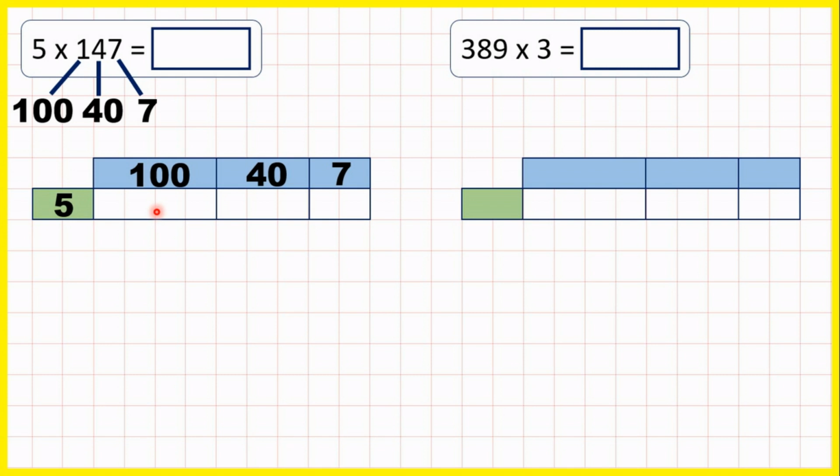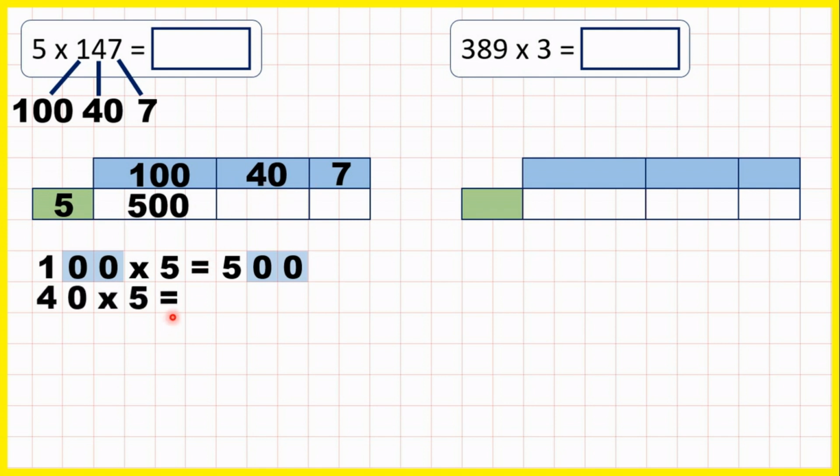Now for this box here, we're doing 100 times 5. That's 500 because 1 times 5 is 5, then if we have 2 end zeros in a multiplication, we have 2 end zeros in the answer. So 500 goes in this box here, and in this box we're doing 40 times 5. That's 200 because 4 times 5 is 20, and then if we have an end zero in the question, we need an end zero in the answer, so that's 200.